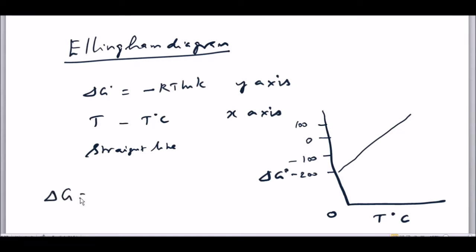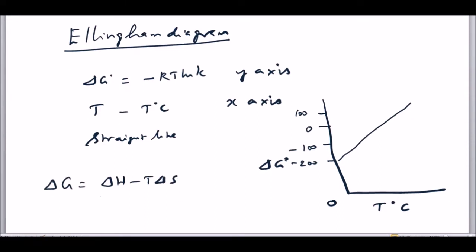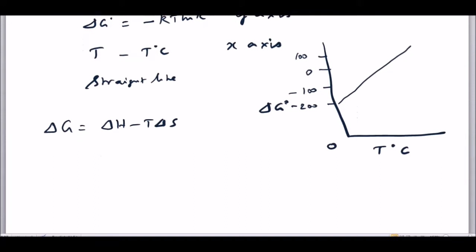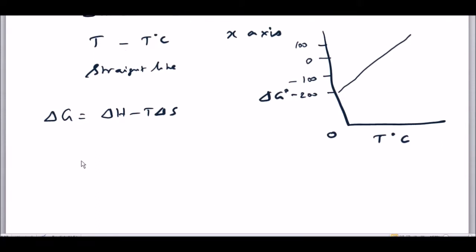Delta G can be calculated by using the formula delta H minus T delta S. It's a thermodynamic relationship. By using this, you can get the value of delta G. Suppose T is equal to 0, what will happen?